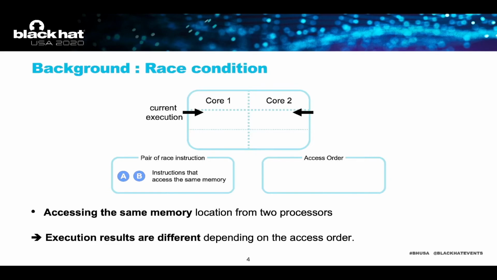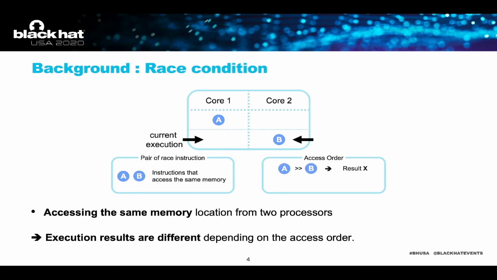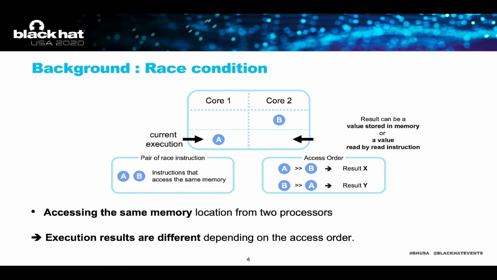In this setting, we can think of two execution scenarios. One is that the instruction A is executed before the instruction B, and the other is vice versa. If the former scenario produced the result X, while the latter scenario produced the result Y, we call this kind of situation a race condition. The result can be the value stored in the memory or the value loaded by a read instruction.